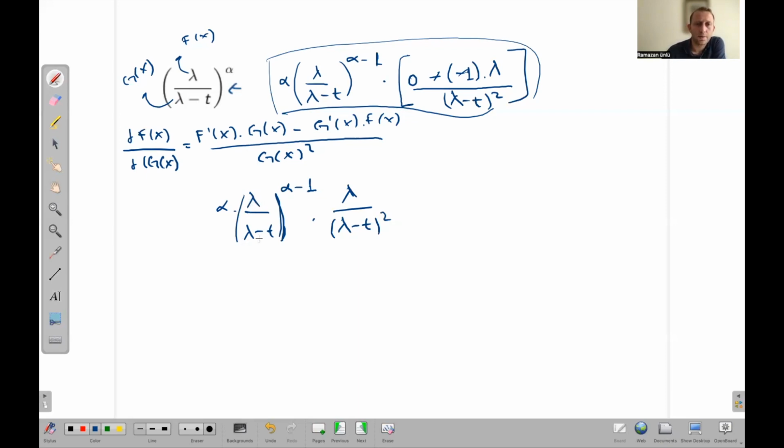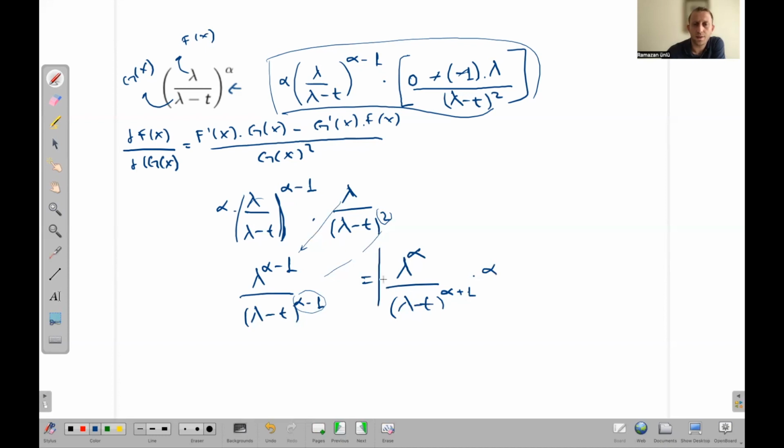And this guy can be written as lambda to the alpha minus 1 divided by lambda minus t to the alpha minus 1. Okay. So if I add the powers of these two, I will get lambda to the alpha. And if I sum the powers of these two, I will get lambda minus t to the alpha plus 1 and times alpha. That is coming from this one. Okay, that is the first derivative of the moment generating function.